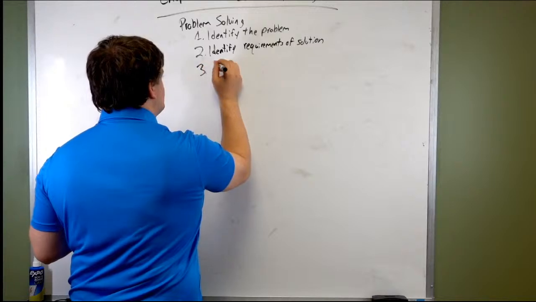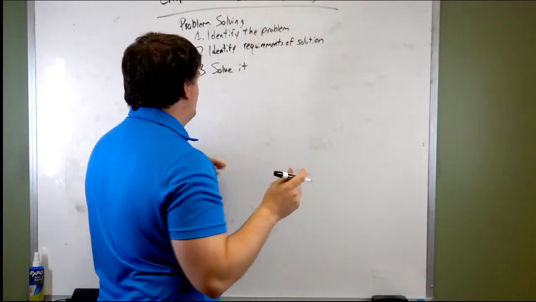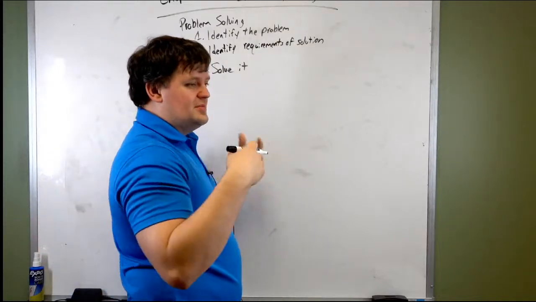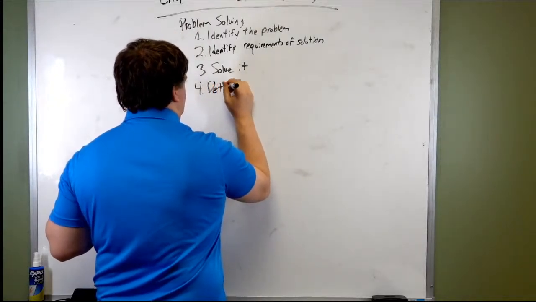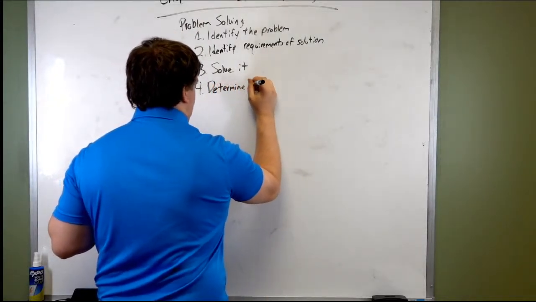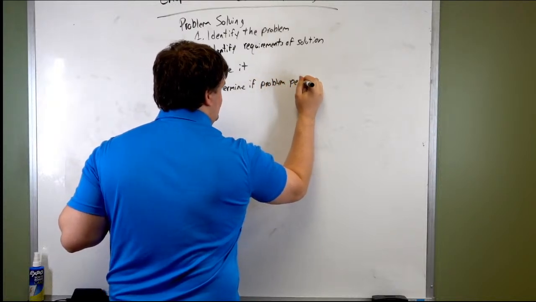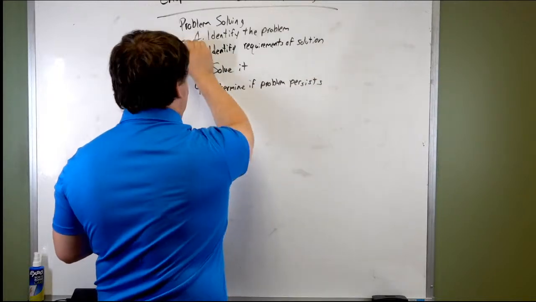Your third step is to solve it. Do just anything to solve the problem. And then your fourth step is to determine if the problem still persists. Because if it does, then you have to go back to the first step.